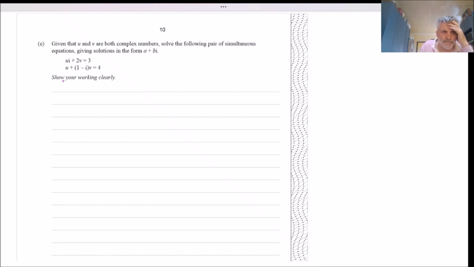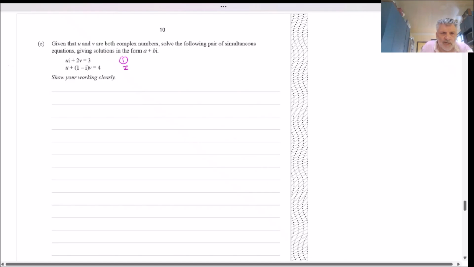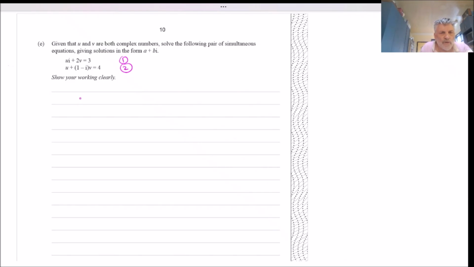We've got two equations in complex numbers. It's a simultaneous equation. So if we call the top equation equation 1, the second equation 2, one way to solve simultaneous equations, these are just linear equations, just a linear factor times u, a linear factor times v in both equations.